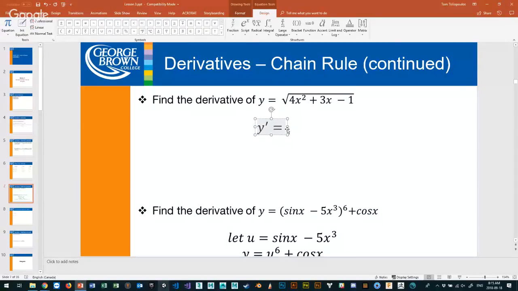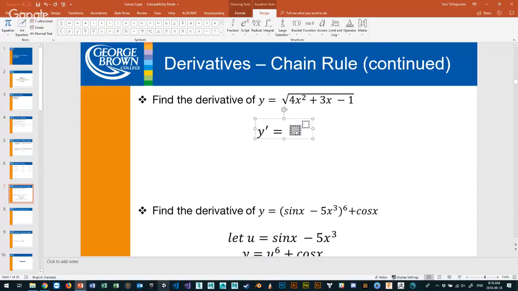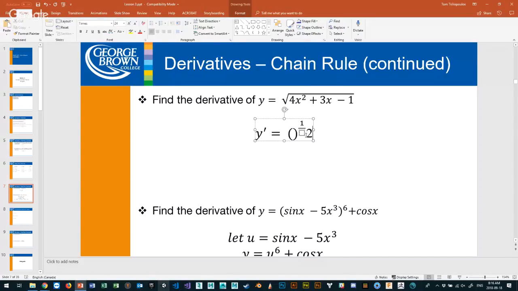And then, you know, there's different ways of doing stuff, right? So again, I could write this like this. I can put brackets here, and then up here, I would make it so that it looks like this. So 1/2.